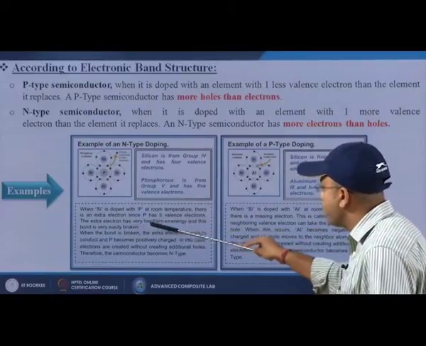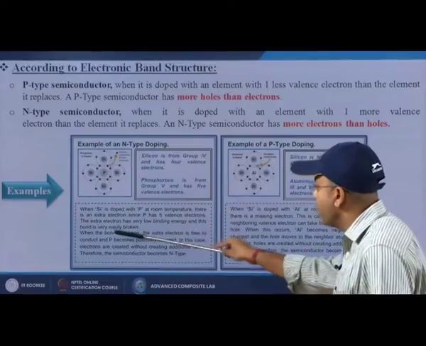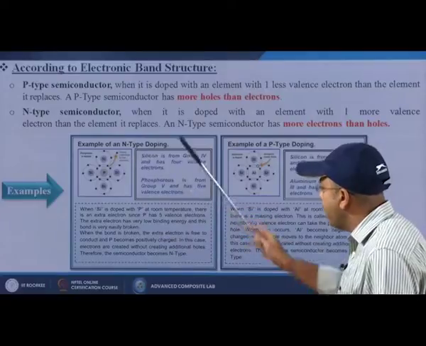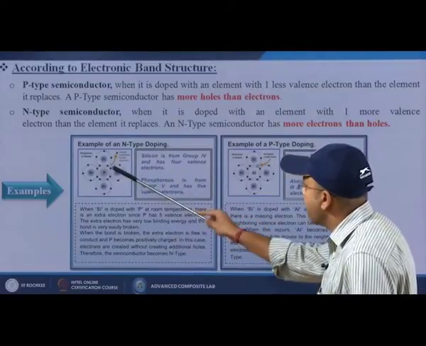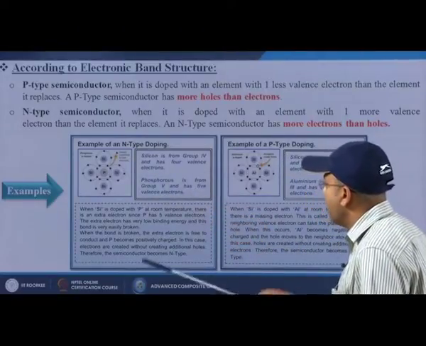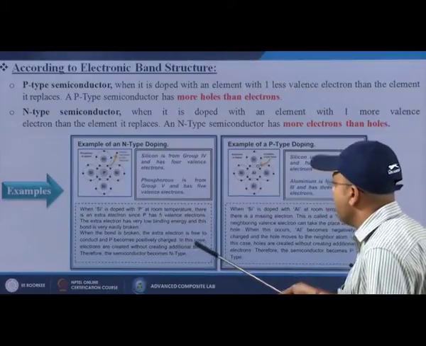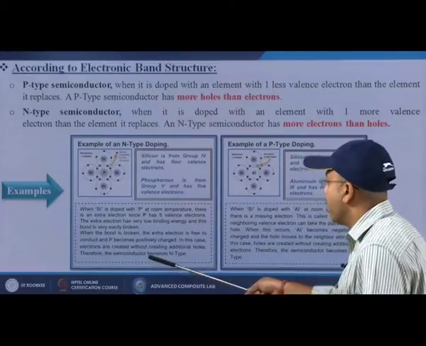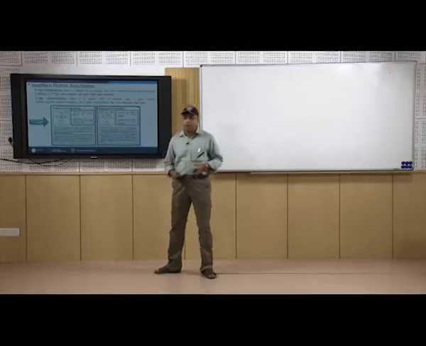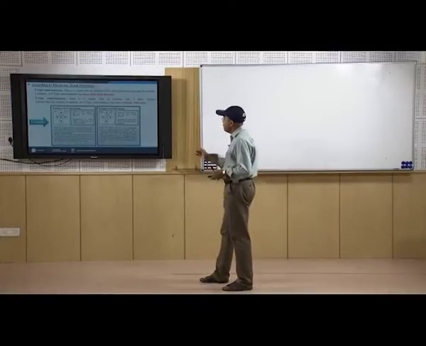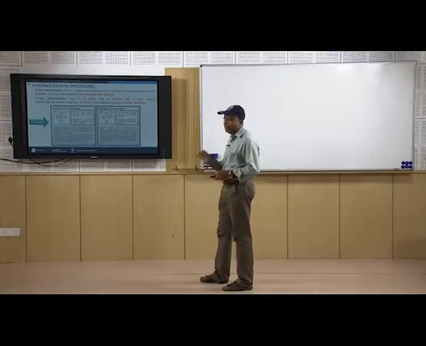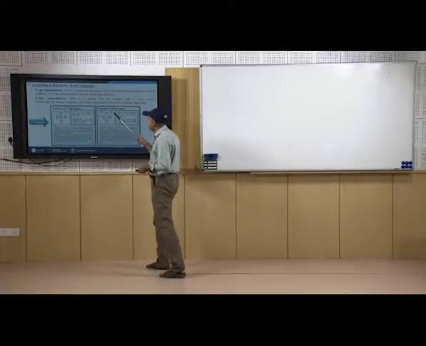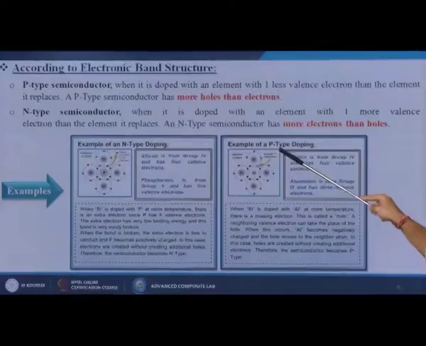The extra electron has very low binding energy and this bond is very easily broken. When the bond is broken, the extra electron is free to conduct and P becomes positively charged. In this case, electrons are created without creating additional holes, therefore the semiconductor becomes n type, because in n types the electron density is more than the hole density, and the opposite case takes place when we are doing the p type doping.